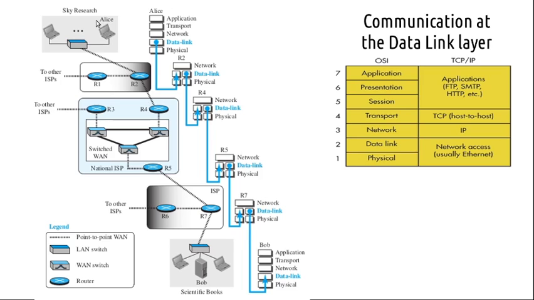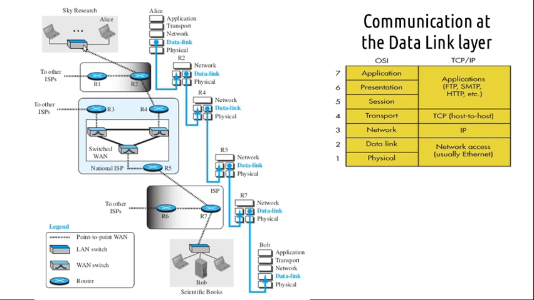Alice and Bob are trying to communicate, and Alice is sending a frame, the data link unit. The data unit in the data link layer is called the frame. At the physical layer it is called bits, and at the network layer you call the data unit packets.